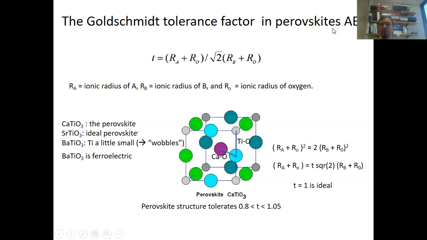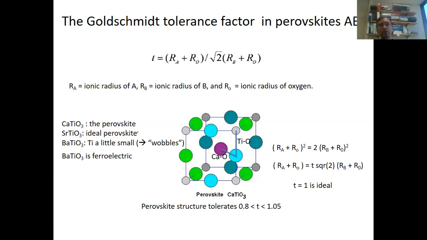So for calcium titanate, CaTiO3, that would be calcium. Ro is nothing else but the ionic radius of the oxygen, and Rb would be the ionic radius of the species B in CaTiO3, that would be the titanium.